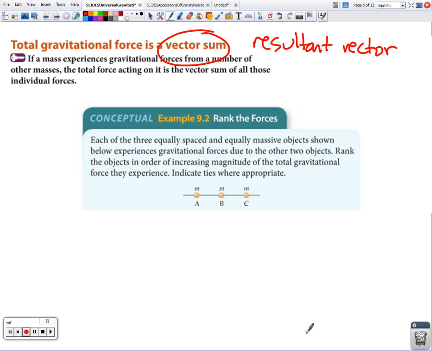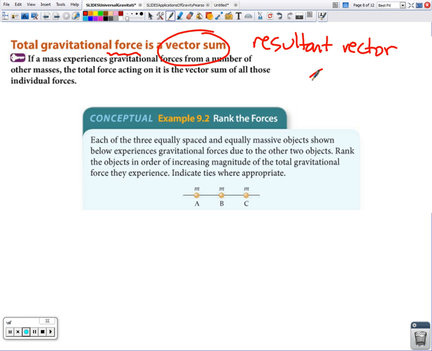Now in this case, because we're dealing with the resultant vector of force, we can also call it the what? If we're dealing with the resultant of many forces, the sum of the forces, or the net force.